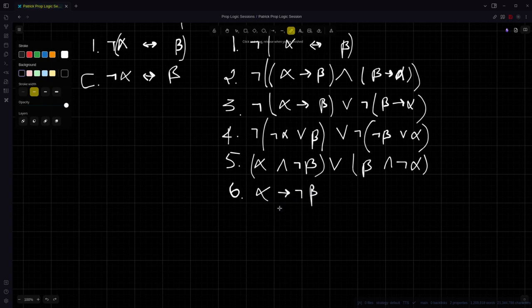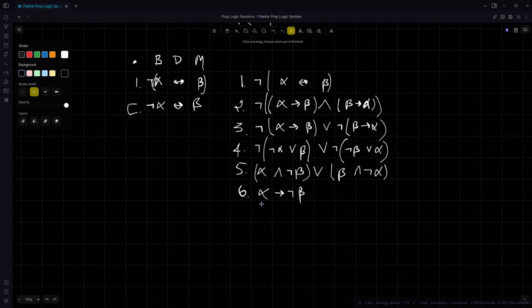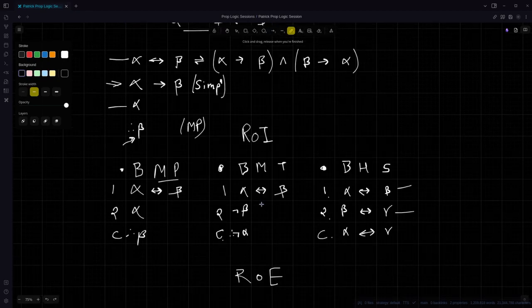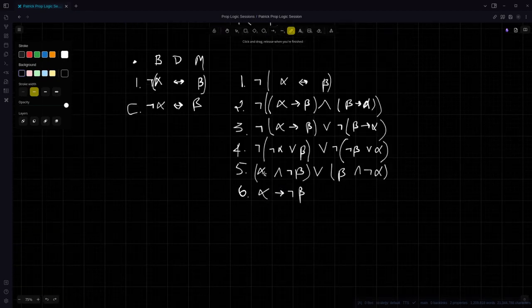So what you can do is, this is perfectly fine, from here to here. How did you do that? Because it's a conjunction, which means both of them are true. And what does the truth table say of the material implication when both of them are true? The truth table for the material conditional.